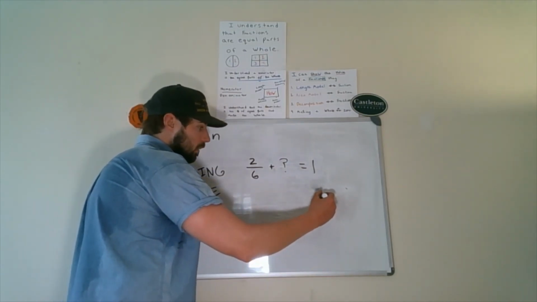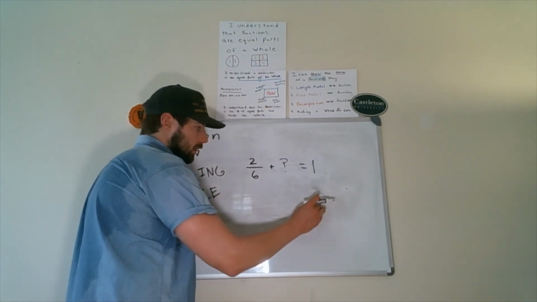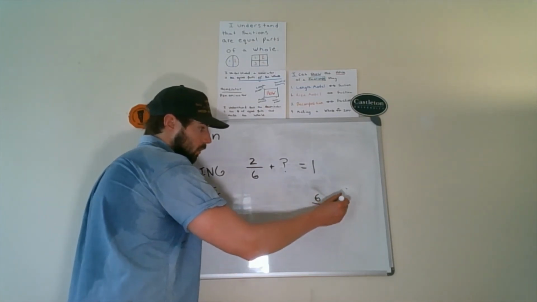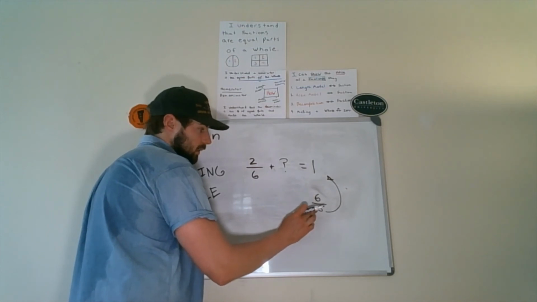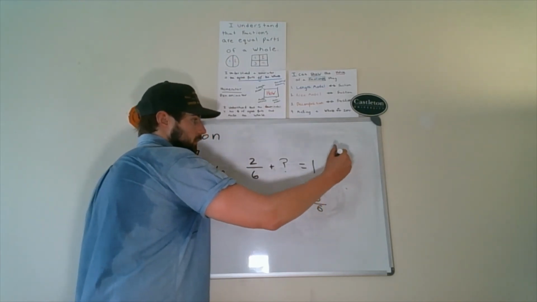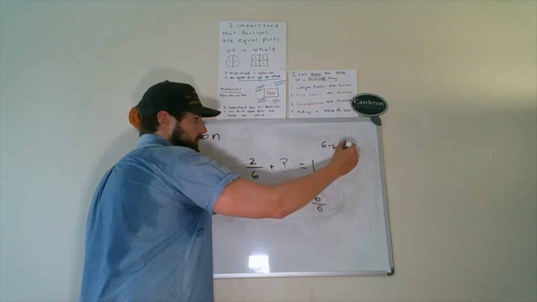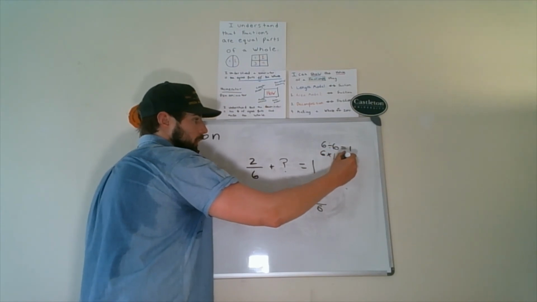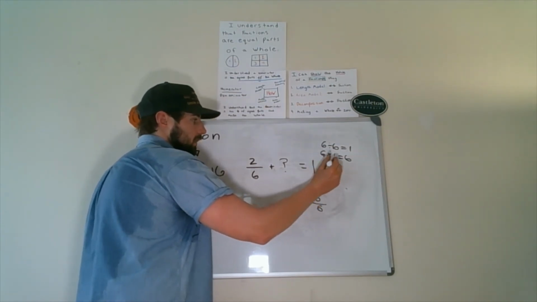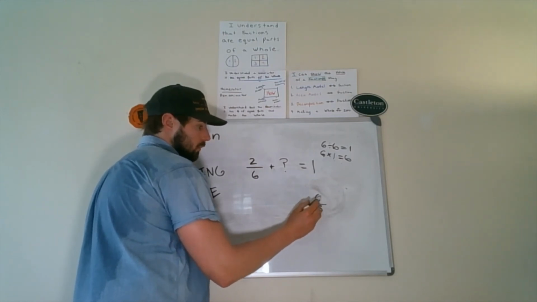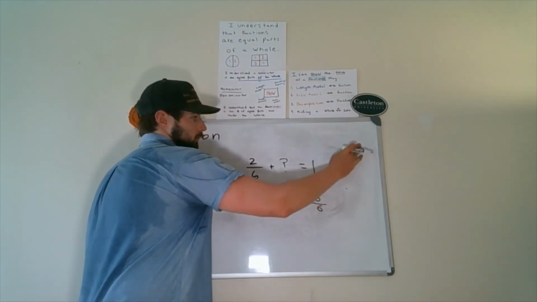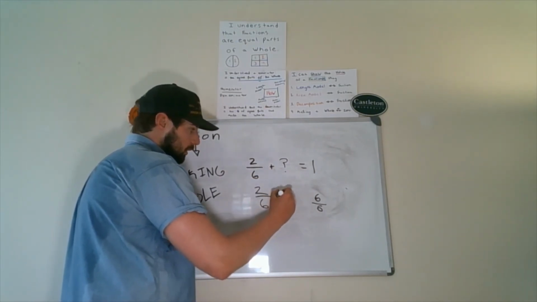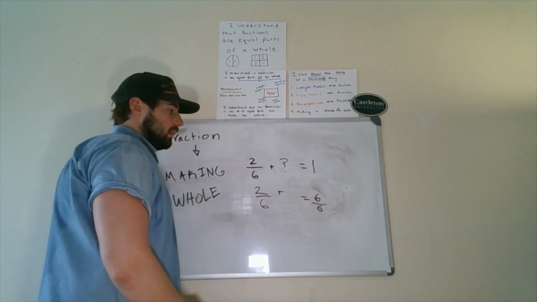I know if I wrote that as a fraction, 6 parts of 6 parts that make the whole would be 6/6. 6 divided by 6 equals 1. 6 times 1 equals 6. One group of 6 equals 6. Let's rewrite our expression. 2/6 plus what would equal 6/6.